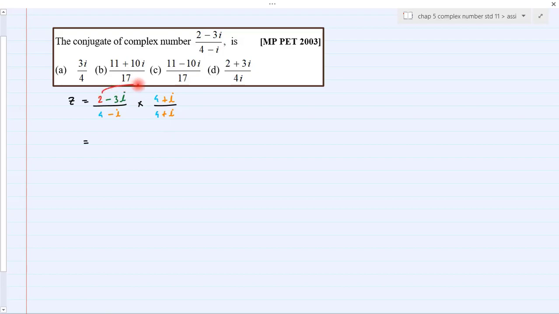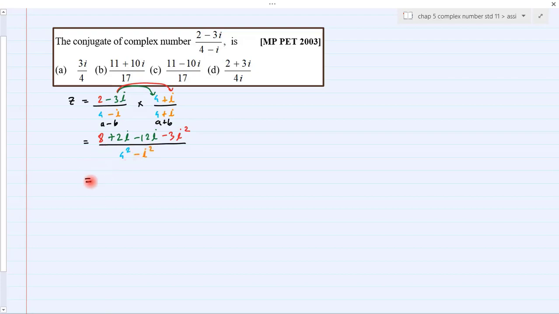So, 2 multiplied with 4 will give us 8 and 2 into i is plus 2i. Now, it's time to multiply minus 3i with 4, which will give us minus 12i, and minus 3i into i will give us minus 3i square. And in the denominator, we will have (a minus b) into (a plus b), which will give us 4 square minus i square.